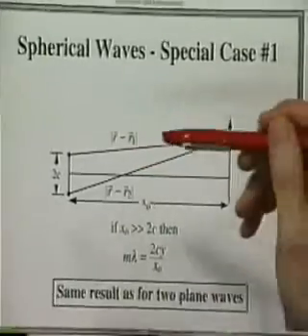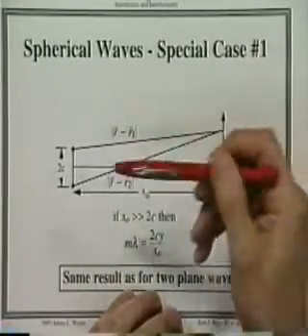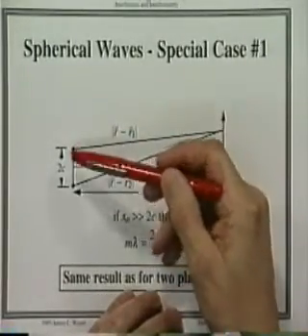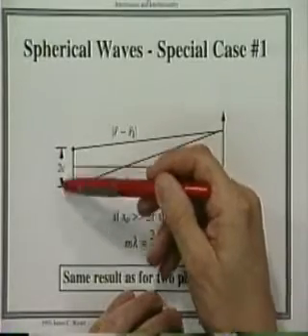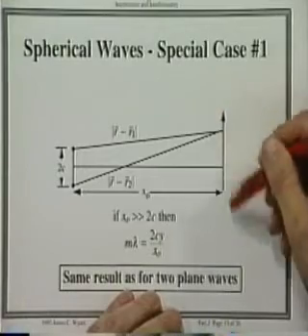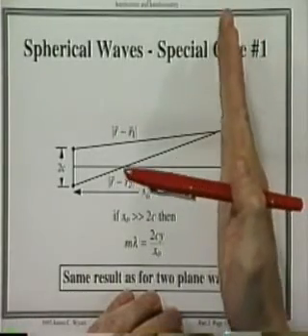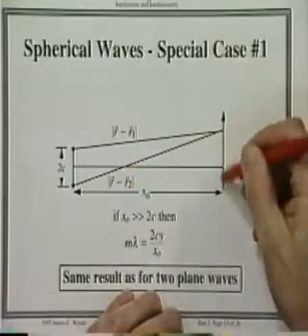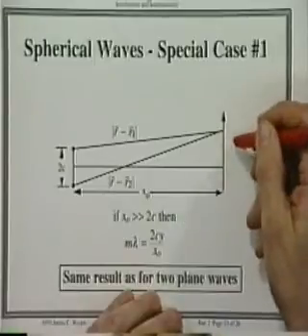Anyway, last class we were talking about the interference of spherical waves, and we looked at 2 special cases. Let's just go back and look at these briefly again, and then we'll go on to new material. One special case was where we had these 2 point sources separated at distance 2c, and we come over here some distance, and we're looking at the fringes in a small region over here.